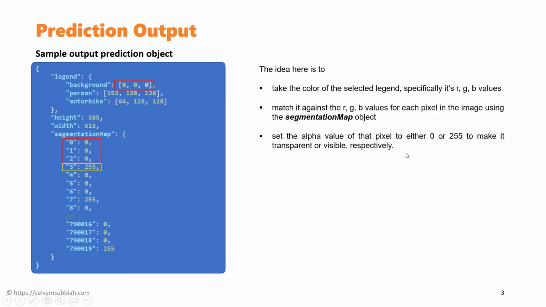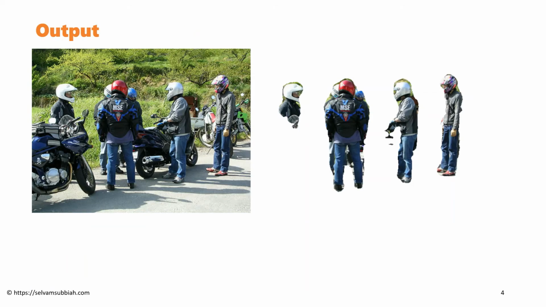That particular pixel would be made transparent, so it will not appear on the screen. Similarly, when we want to restore it back, we see what objects we want to restore based on the user selection, match the color, and then set the alpha value back to 255 so that particular pixel becomes visible again. That's the idea behind getting such an output.